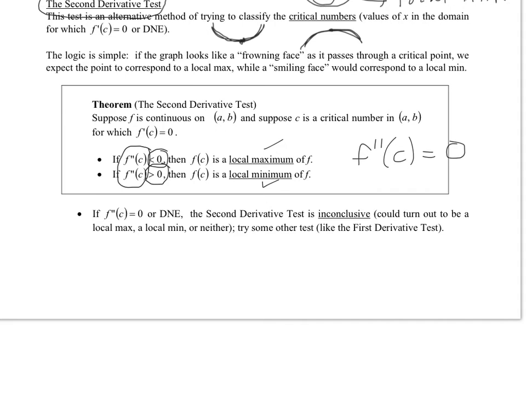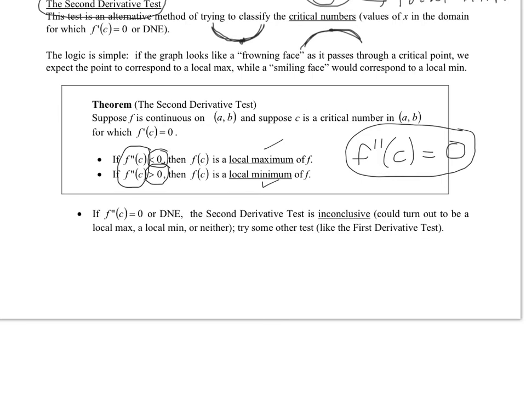I wish that I could tell you you were correct, because that would actually make a lot of sense. Unfortunately, it's not quite that simple. It turns out that if f double prime of c is equal to 0, then that critical number c might correspond to a plateau, but it might also correspond to a local maximum or a local minimum. You really just don't know without further investigation.